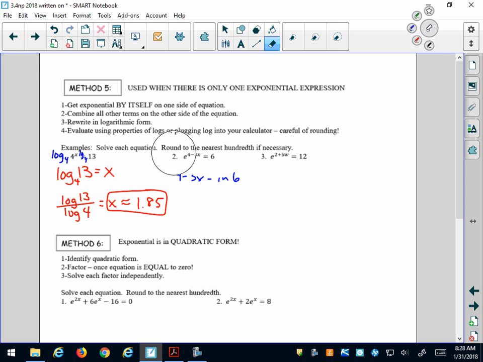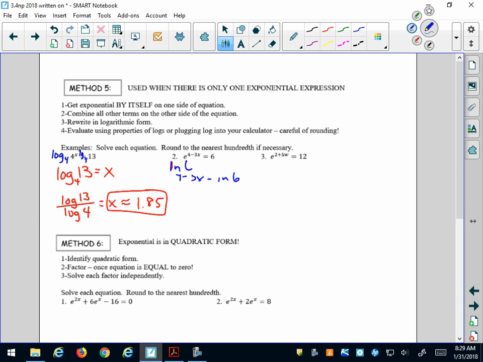In fact, I'm just going to leave that there. Oops, I erased part of it. So this method says rewrite this in logarithmic form. Well, if it's a base of e, rewriting it in log form is just ln, think of that as base e to the 4 minus 3x equals 6.